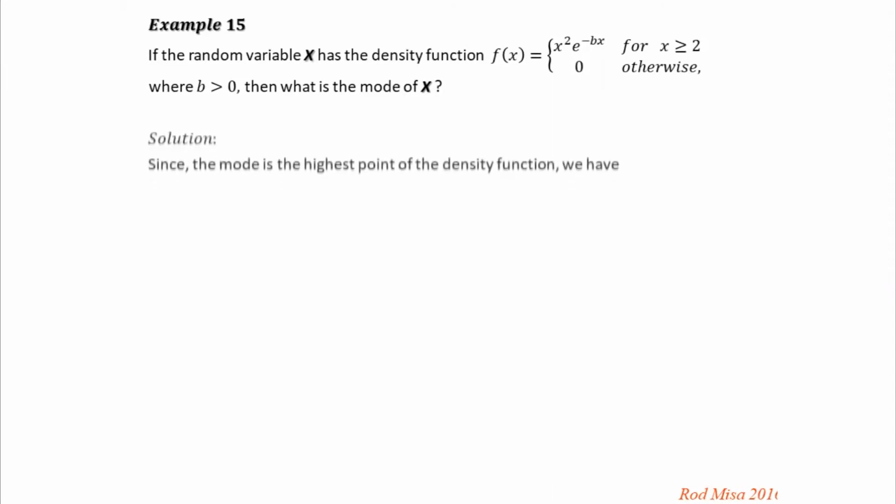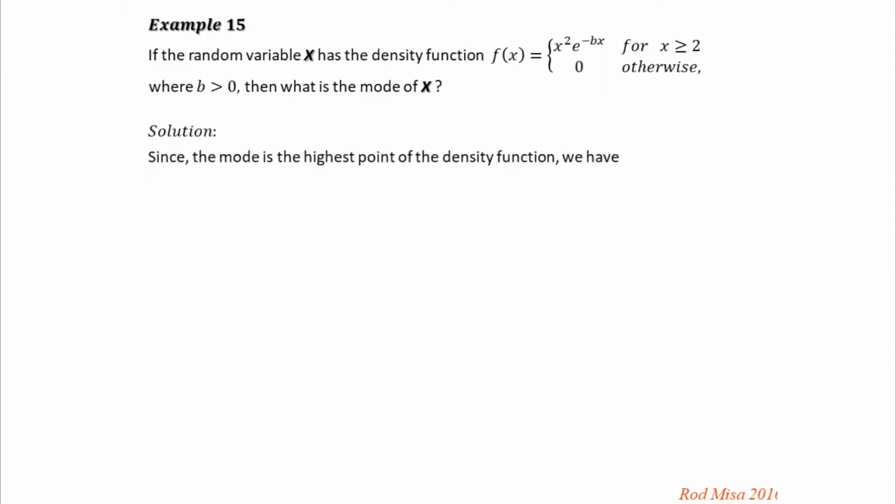So since the mode is the highest point of the density function, based on our definition in the previous slide, we have to determine this highest point by using the derivative technique, which we learned from our calculus, that the maximum value can be obtained by taking the derivative of this function and equating it to 0.